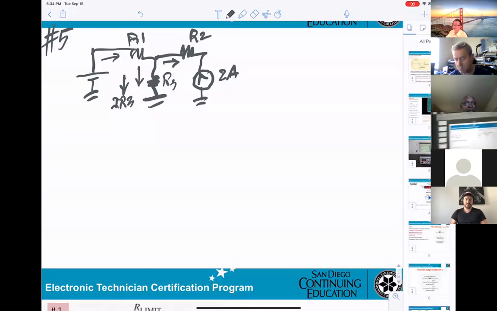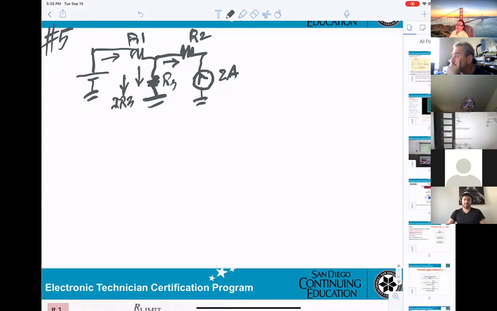First, remove, for example, the 2 ampere source and calculate whatever you need for the 15 volt. Then the second one, you remove the 15 volt and work with your ampere. Whatever you get, you add them up.